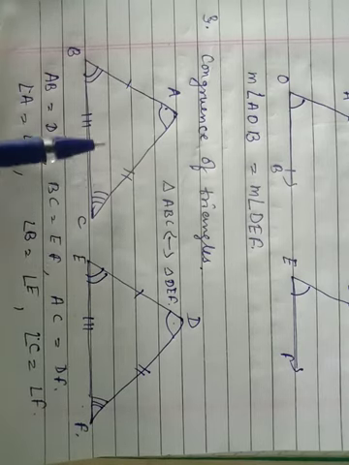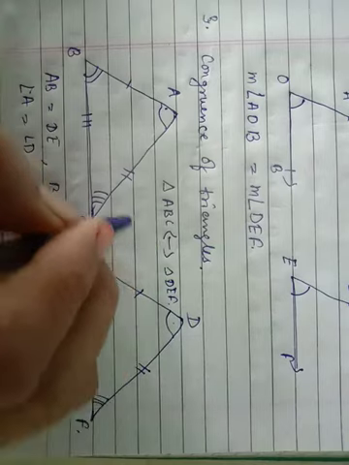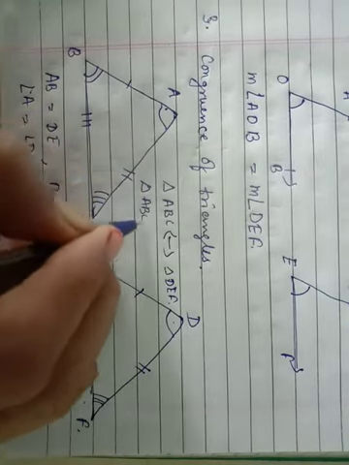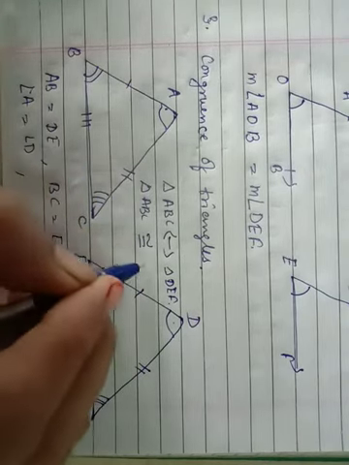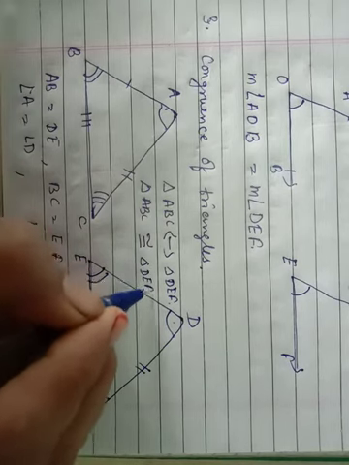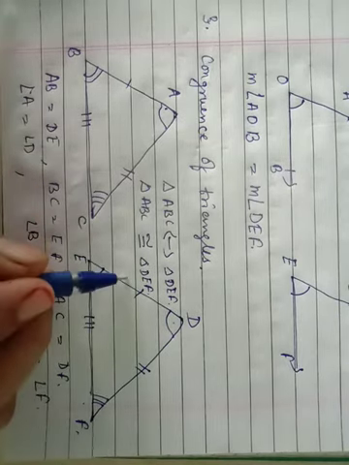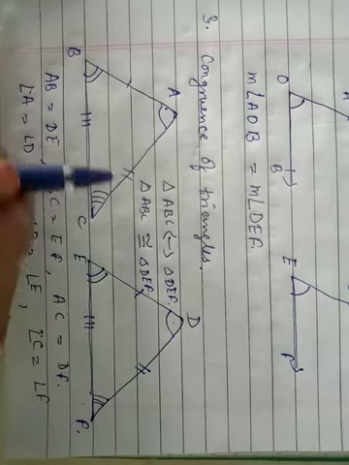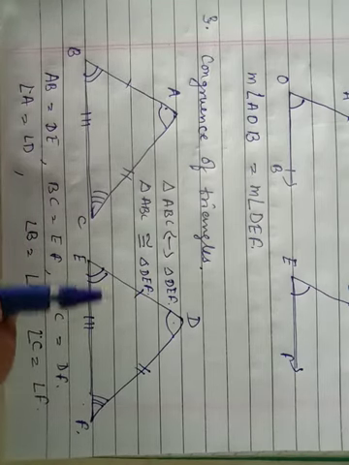Then these two triangles are said to be congruent to each other. This is the sign of congruency.